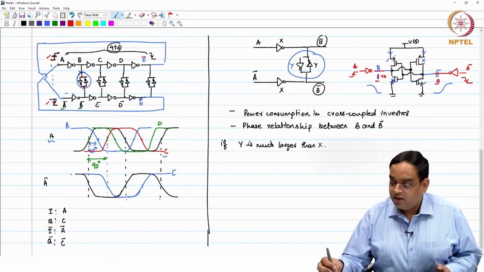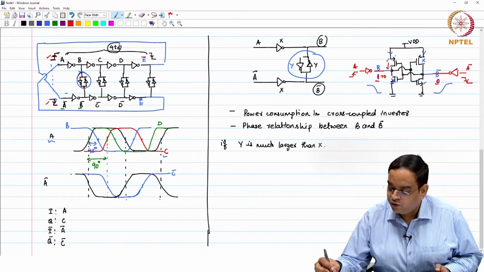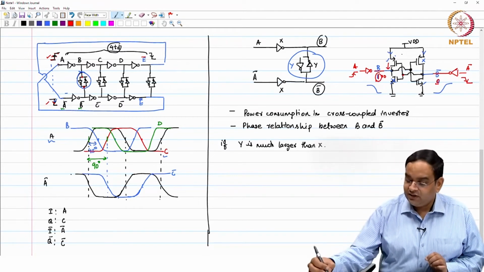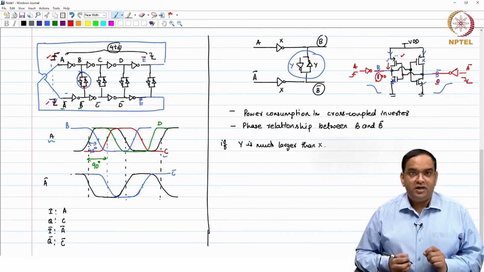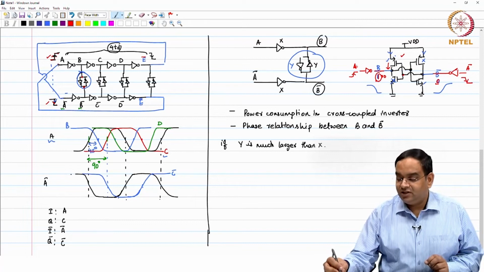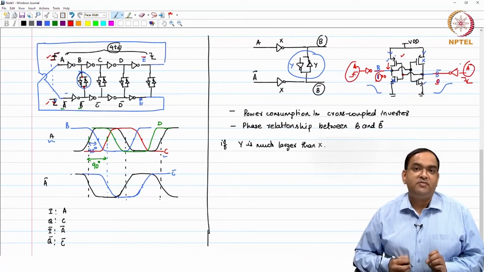But before it can go from 1 to 0, the other inverter, whose output was initially 0, is trying to enforce this voltage as 1 itself. So, this cross coupled inverter is trying to oppose the transitions which are initiated by signals A and A bar.